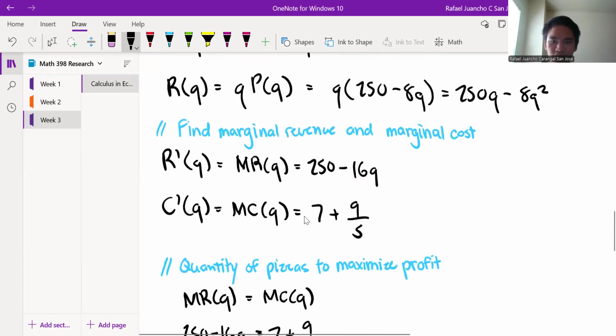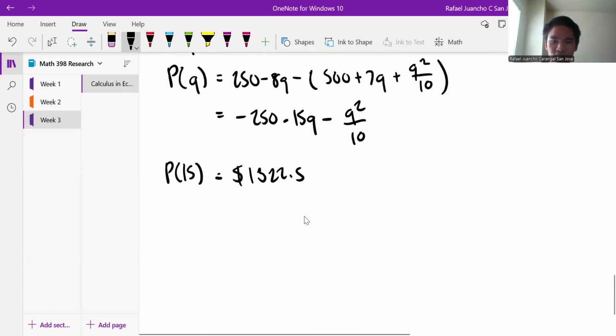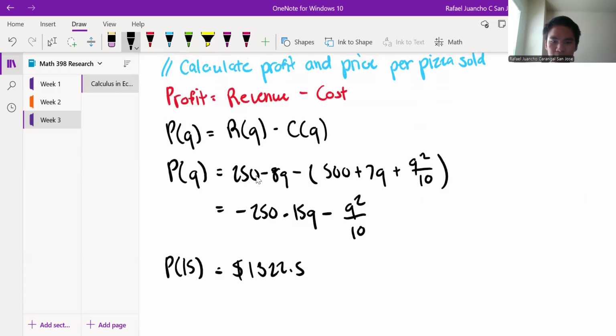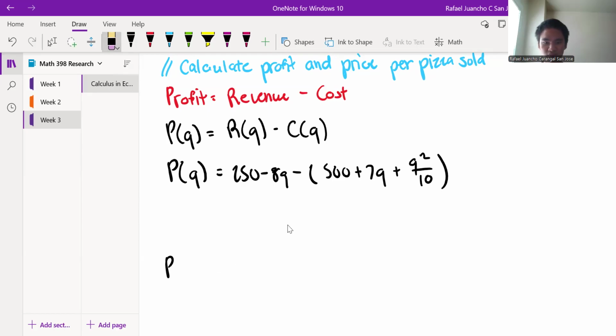Or you can try computing for them separately. 8 times 15, 120. Okay, let's actually try to compute for them separately. Maybe that's why. So P of 15 is basically our revenue of 15 minus our cost of 15.